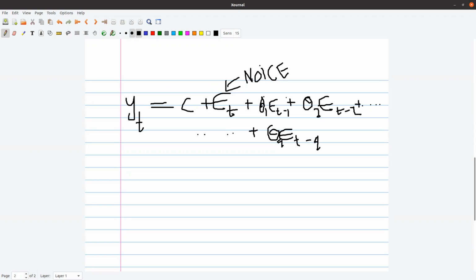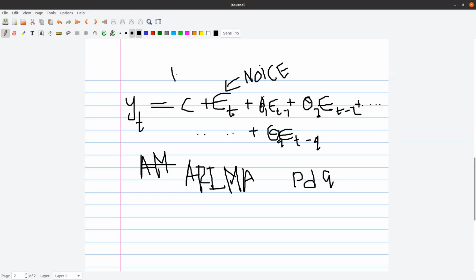In the ARIMA model, we have three parameters: P, D, and Q. Right now, in this MA model, we are talking about the Q parameter, the past error components, or in other words, noise.